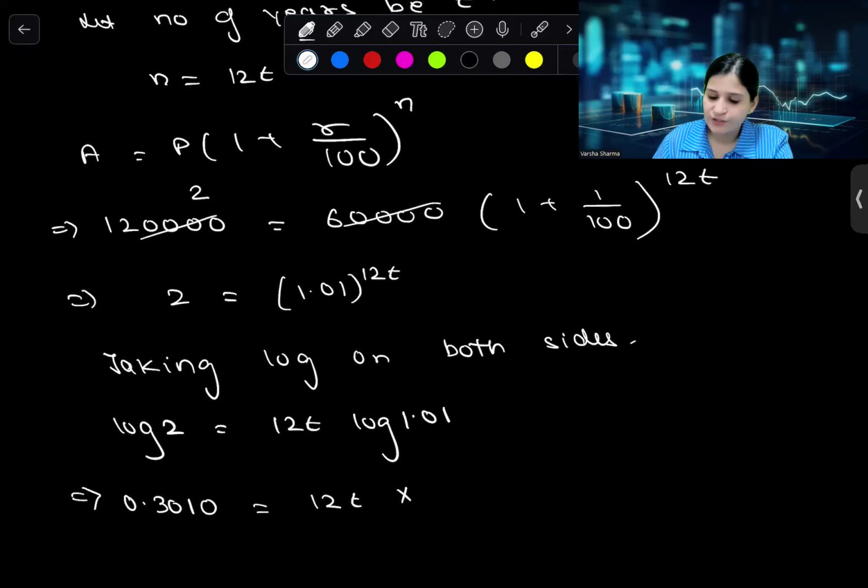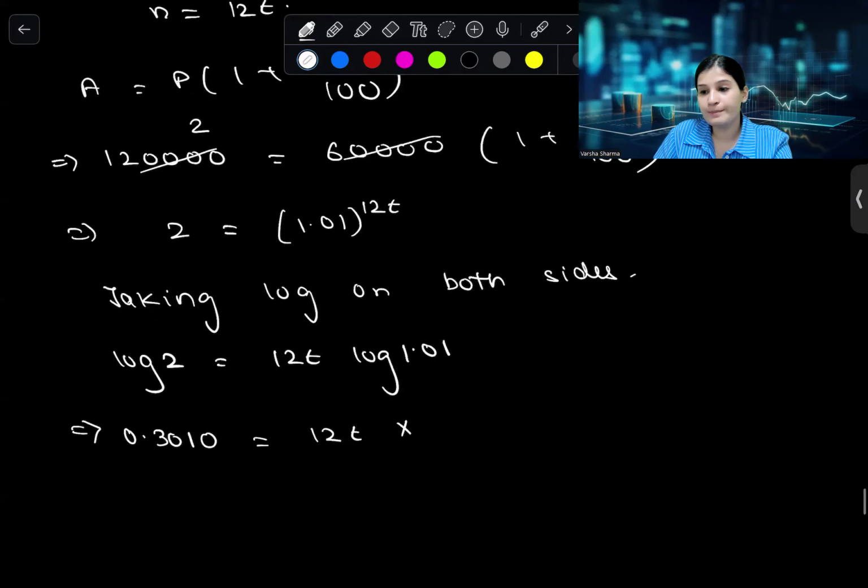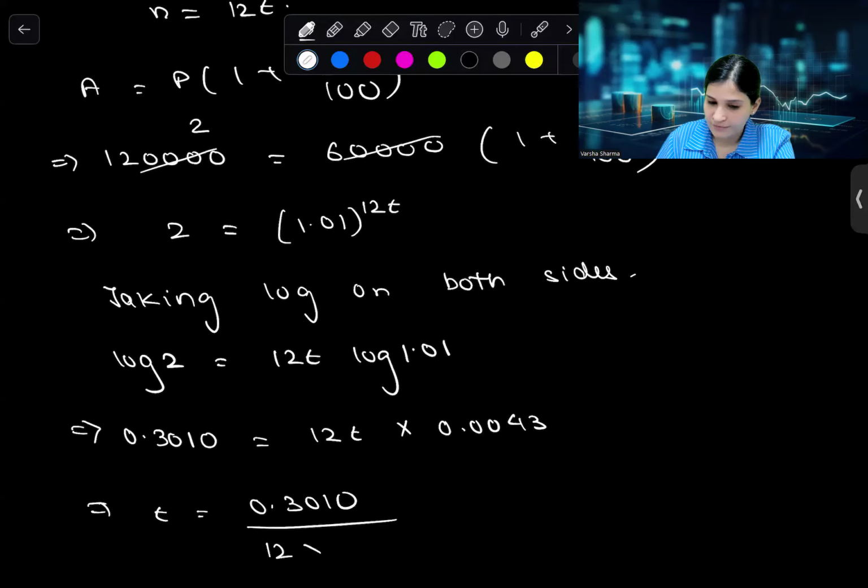And what is log 1.01? 0.0043. So t will be 0.3010 by 12 into 0.0043.